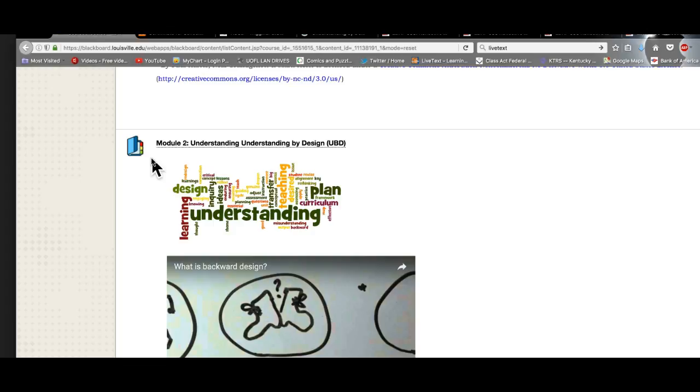And what you're trying to get to is kids doing demonstrations of understanding with transfer. And the whole purpose of UBD is to help you work your way through the mass of content that is expected of us to teach. It helps you focus in on what are the important things that kids need to know.